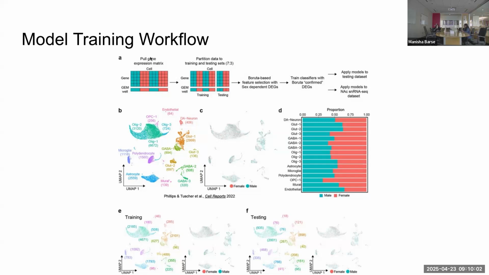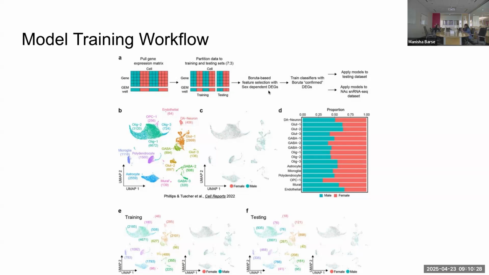After getting the pooled gene expression matrix, they partition the data into training and testing sets with 70 and 30%, again in the similar way, alternating male and female. They tried to keep a balance of male and female cells in each of the training and testing data sets.